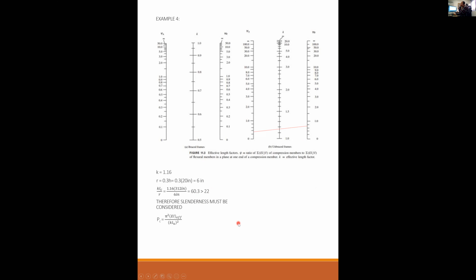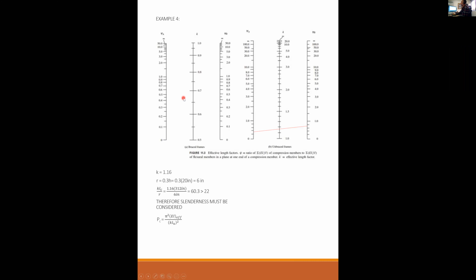So my Euler critical buckling load is pi squared EI effective over KL squared, where EI effective, I'm going to use the same equation again, 0.2 Ec Ig plus Es Ise over 1 plus beta ds.